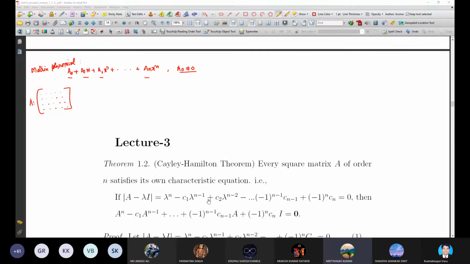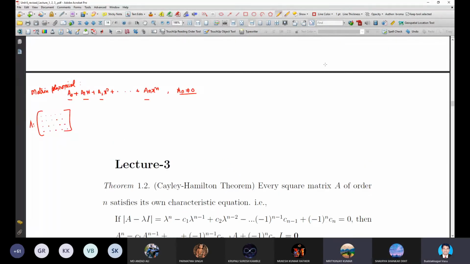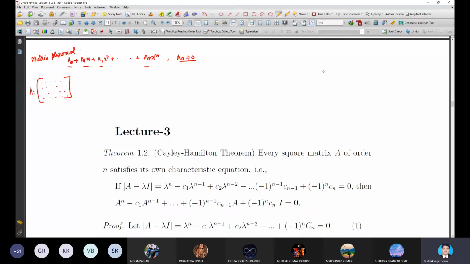Is my document not visible? Visible, sir. You just refresh your system or re-login, please. I think there may be a network issue on your side. Other people can see it, right?